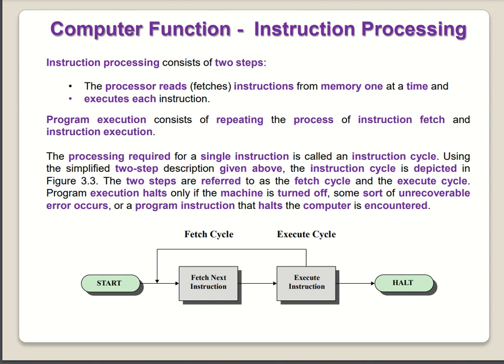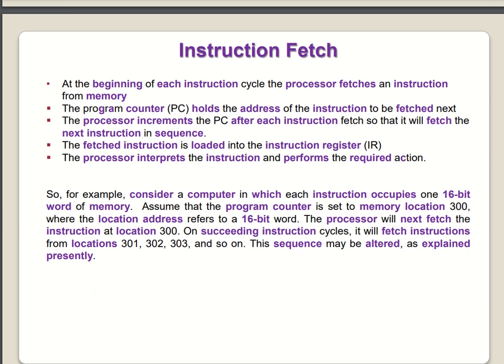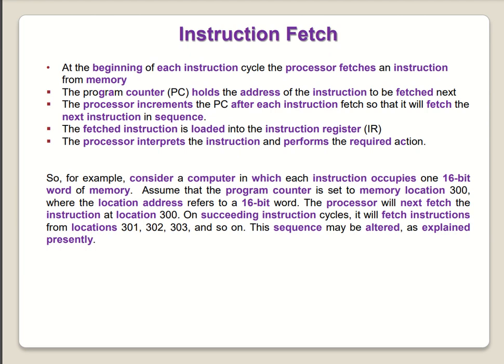Or else a program instruction that halts the computer is encountered. Maybe there is an instruction in the program that makes the computer halt for a second or some time. Okay, let's see the first step, instruction fetch. Because there are two steps, fetch and execute, the first step is instruction fetch.